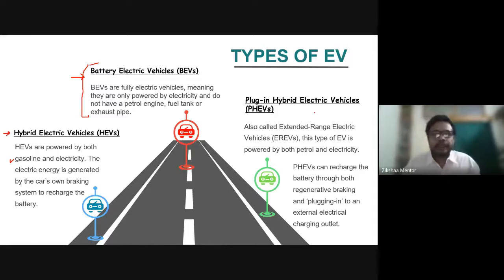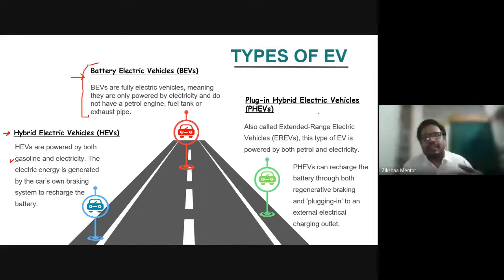Now, plug-in hybrid electric vehicles are also called extended range electric vehicles. They are again similar to hybrid electric vehicles in that they are powered by both petrol and electricity, but they are mostly used to extend the range of a vehicle.